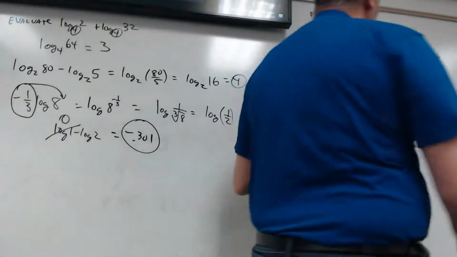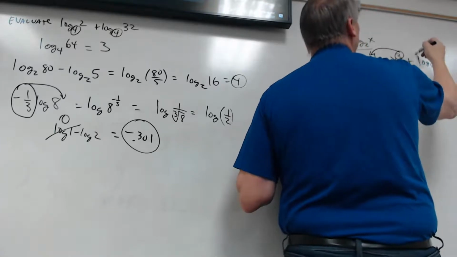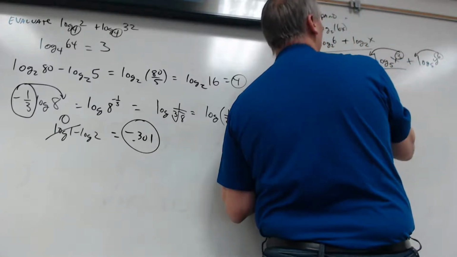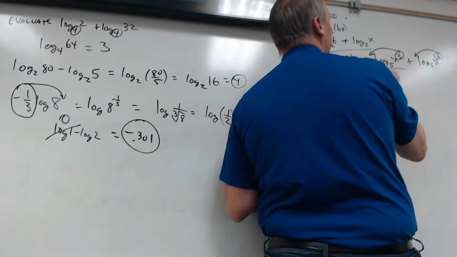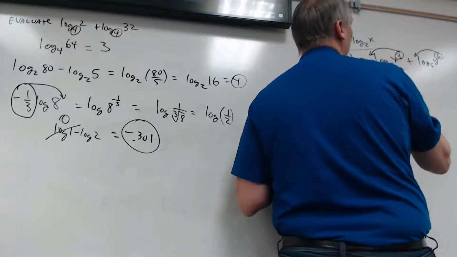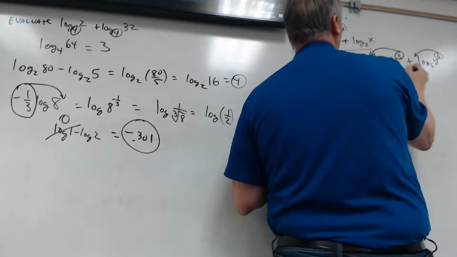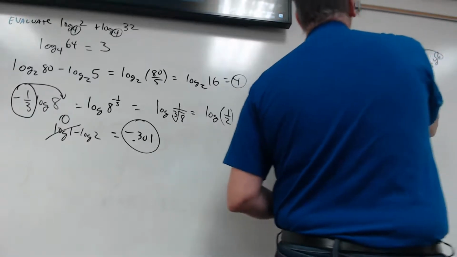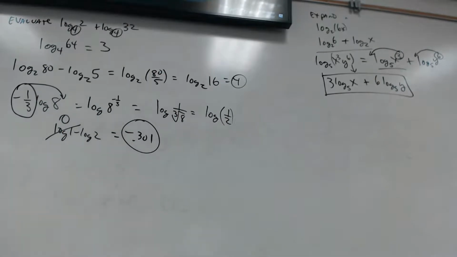We can use the third one, so we can pull both of these out, right? So this becomes 3 log base 5 of x plus 6 log base 5 of y. Now, if you get really good, you can go from there to there in one step. But if you want to do it in 2 steps, that's fine too.